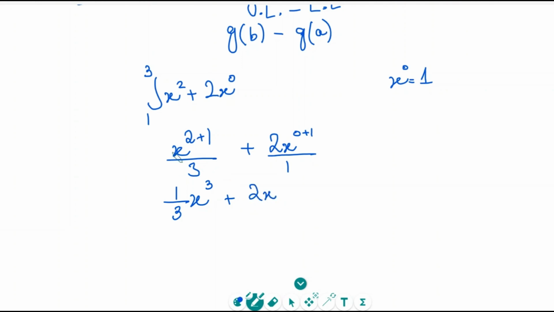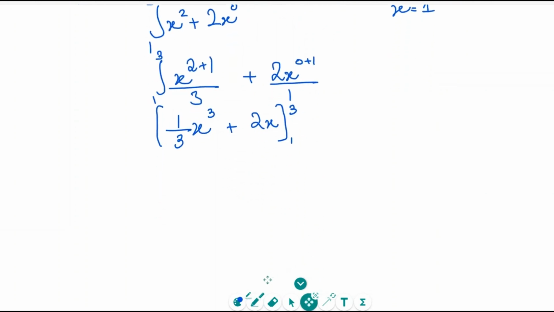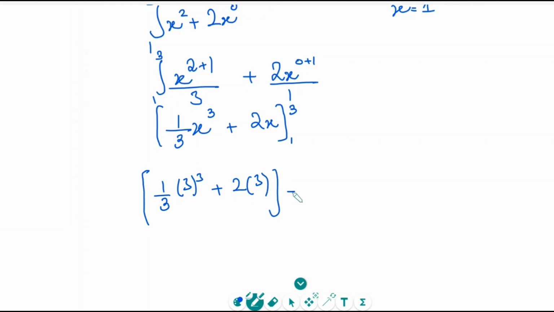Now notice how I have not added the c. That is because we have a limit. So this is a definite integral. What I'm now going to do is apply the limits. So upper limit, take away the lower limit. So I'm going to plug in x as 3 first, because that is going to be my upper limit, and then take away the lower limit.